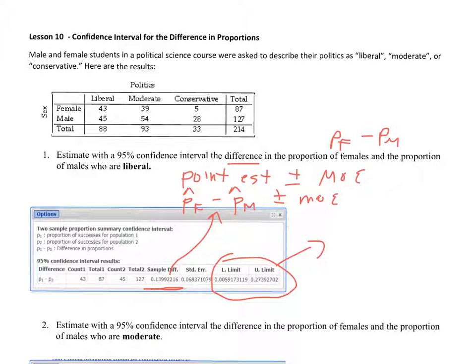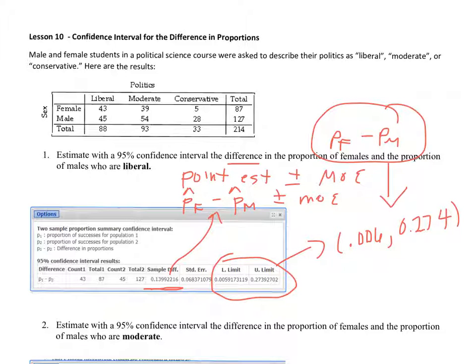Keep in mind what that's telling you. If I round that to a couple of decimal places, I get 0.006 to 0.274. With 95% confidence, the difference in the percentage of females who are liberal and males who are liberal falls in that range.